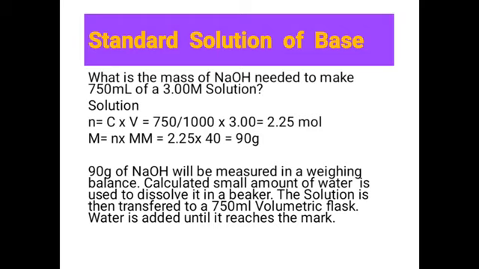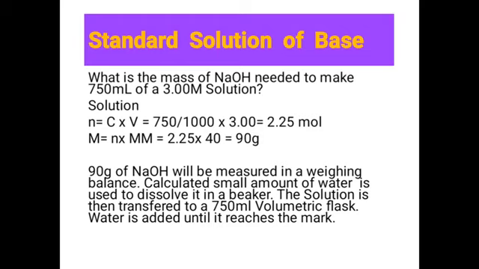We want to find the mass first, and in that case we are going to say number of moles is equal to concentration times volume. The concentration will be in molar or mole per dm cube, while the volume will be in dm cube. So the first thing to do is to convert the mil to dm cube.